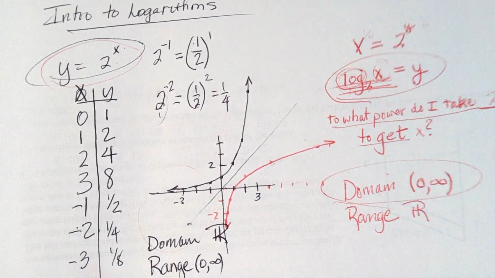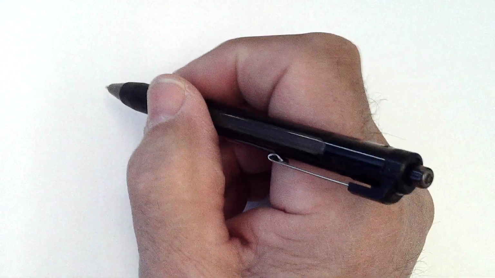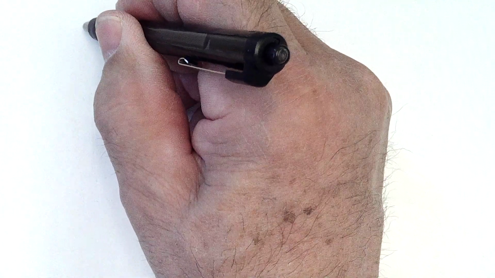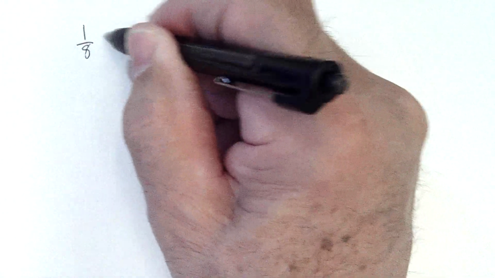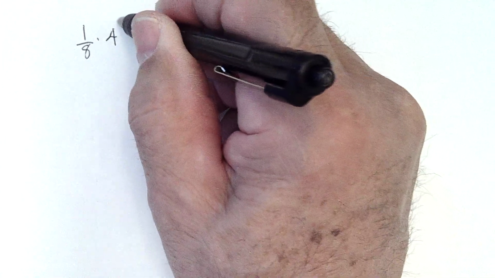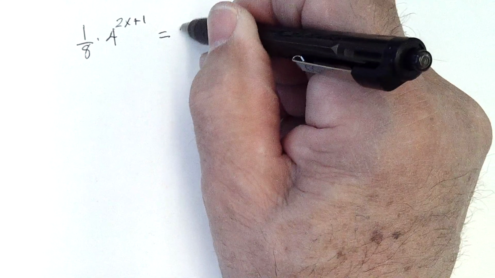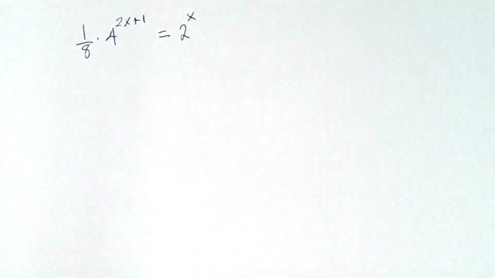Now, why is this at all important? Let's go back to something we were doing in the last unit, like 1/8 times 4 to the 2x plus 1 equals maybe 2 to the x.